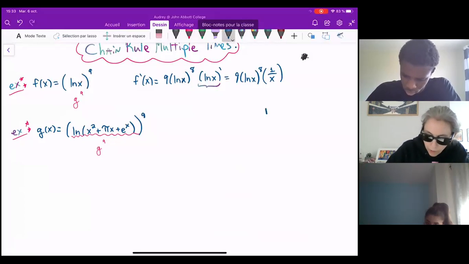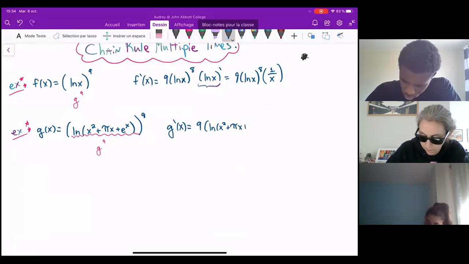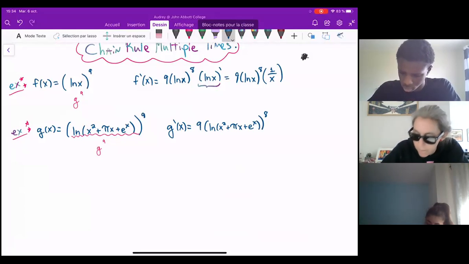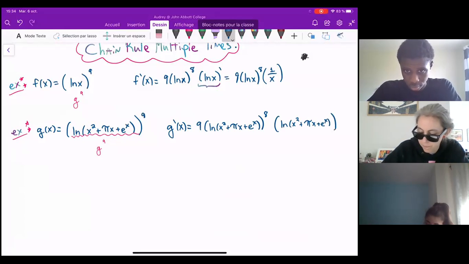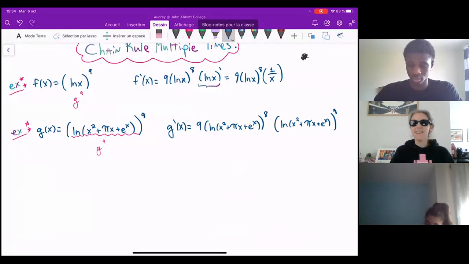So then when I do g prime of x, I'm going to start off the same way. I'm going to bring the 9 down. I'm not going to touch what's inside. I'm going to subtract 1. But now the thing that I pull to the outside now, is that a 4?